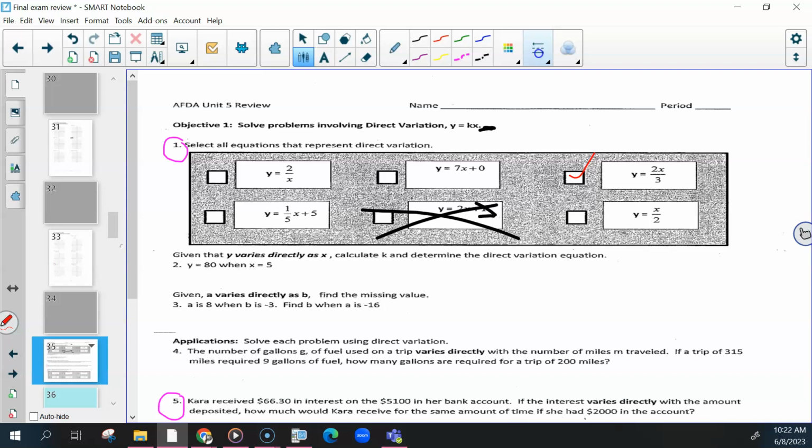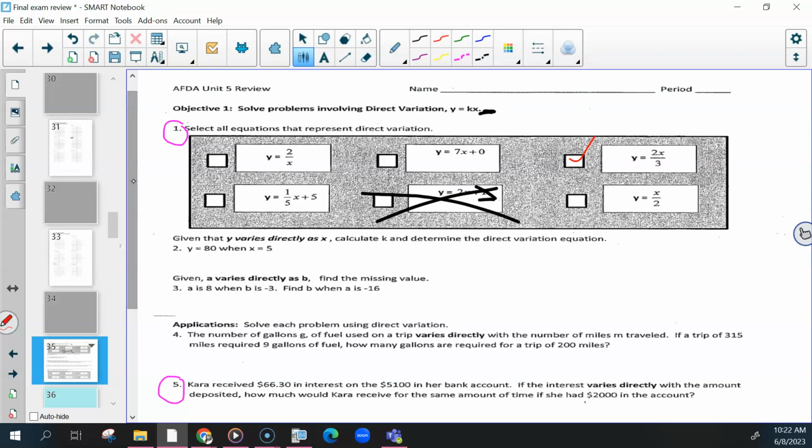Do we have other questions in number 1 or in that section? There are more correct ones and not correct ones. Why is that one going to be direct? Because it's in this format.